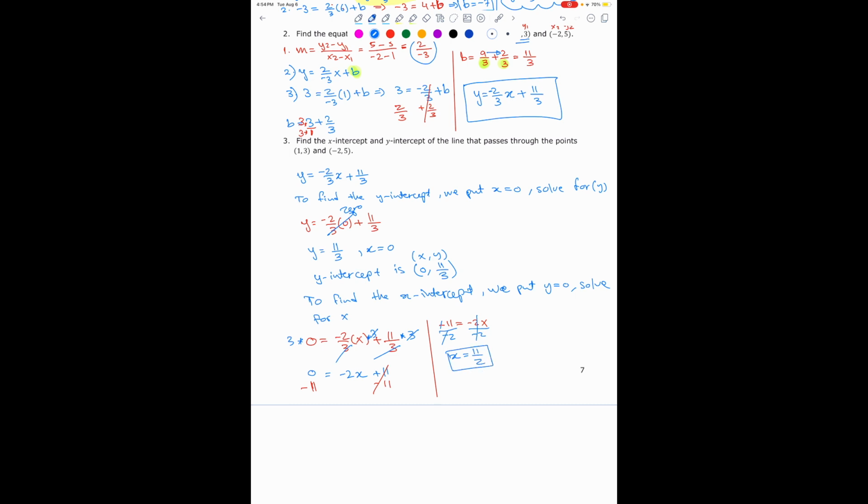So the x-intercept is x is 11 over 2, and we assume that y is 0, so (11/2, 0).